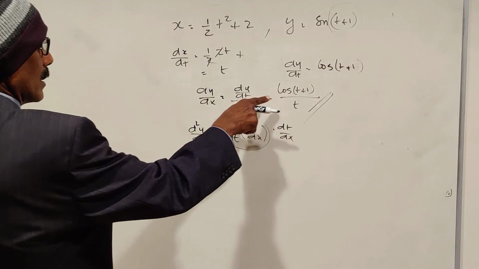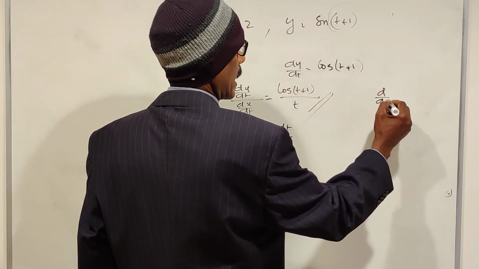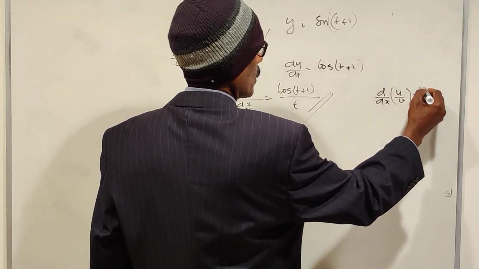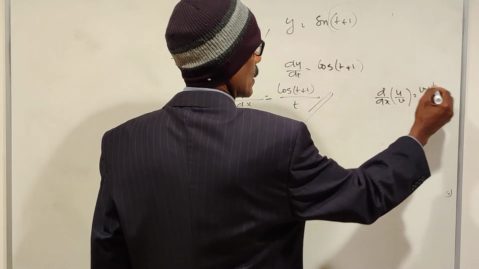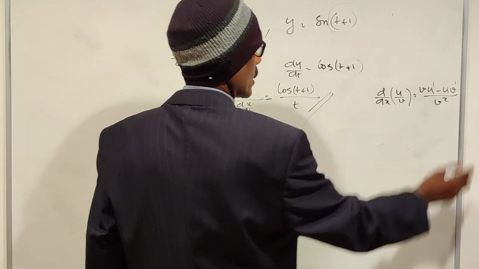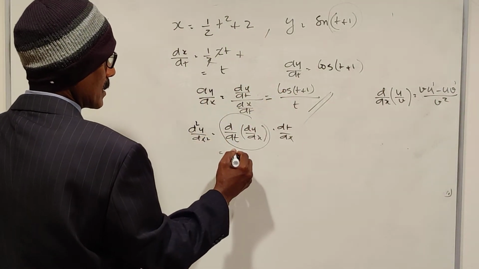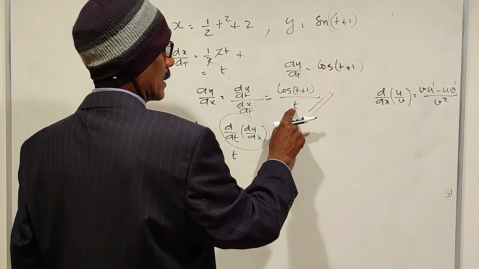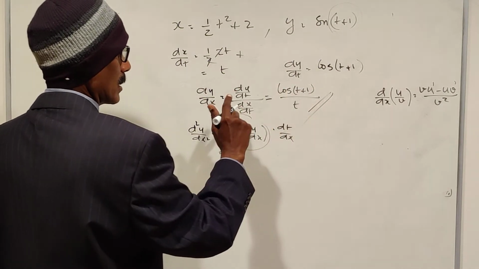Here you need to apply the quotient rule. d by dx of u by v is: denominator into derivative of numerator, minus numerator into derivative of denominator, divided by denominator square. So d by dt of this one: denominator is t, times the derivative of the numerator.